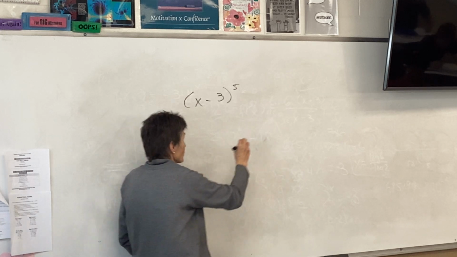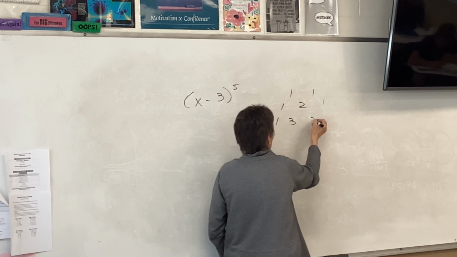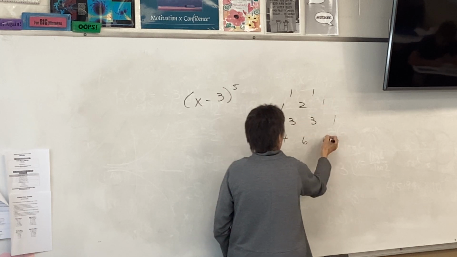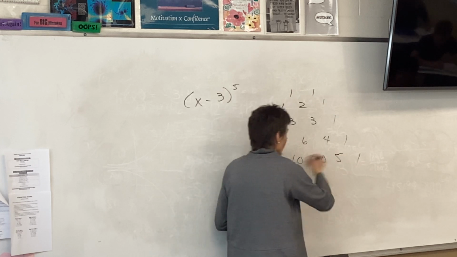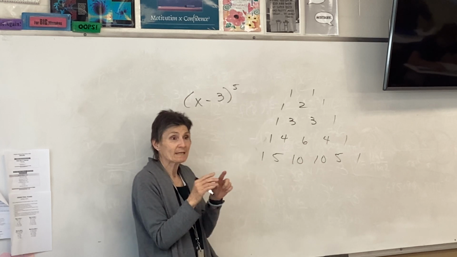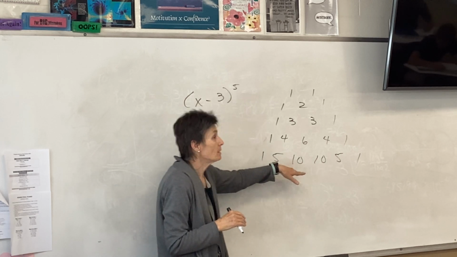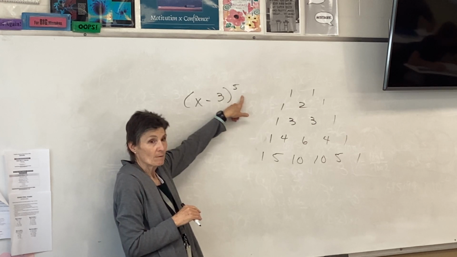Pascal's triangle. So 1, 1, 1, 2, 1, 1, 3, 3, 1, 1, 4, 6, 4, 1, 1, 5, 10, 10, 5, 1. Now I'm just kind of rolling through that. Does everybody remember how that works? And why did I go down to the 5th row? Because I'm going to the 5th power.